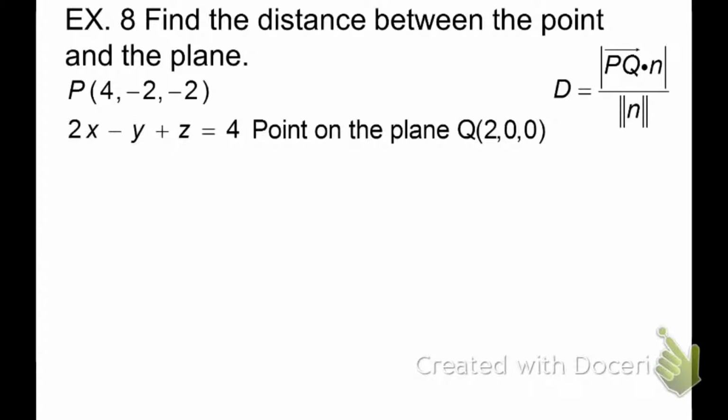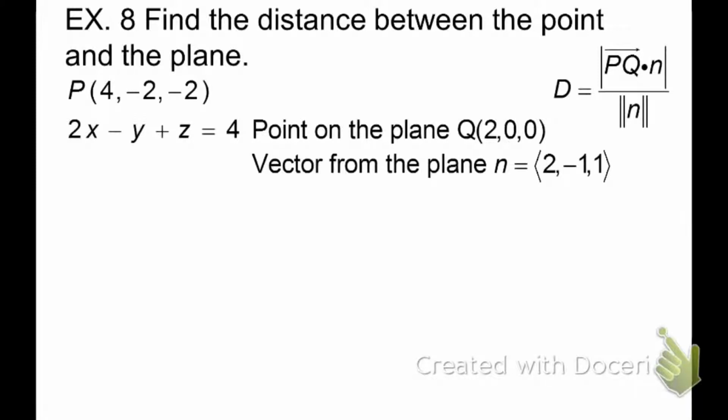Okay, now I need the vector n that is normal to this plane, and remember the vector for a plane is the coefficients of the variables. So vector n is going to be 2, -1, 1. So to find the distance between the point and the plane, we're going to find the vector PQ. So I'm going to do my Q's minus my P's.